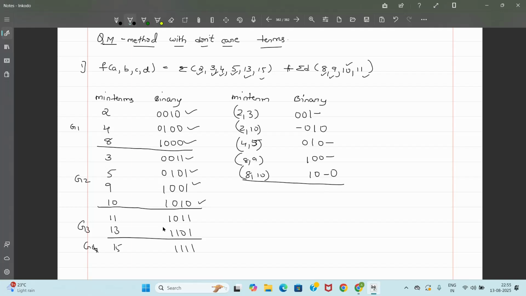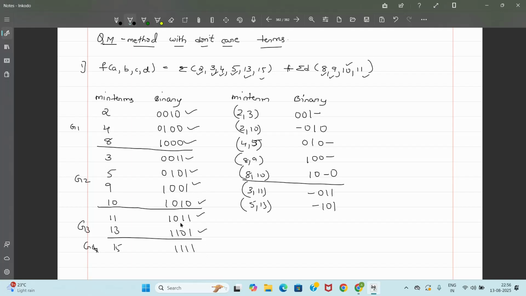Next we'll go for group 2 and group 3. So 3 and 11 can be combined, which is -011. 11 is also used. 3 and 13 cannot be done. 5 and 11, no. 5 and 13 can be done, so it is -101. So 13 is also used now.